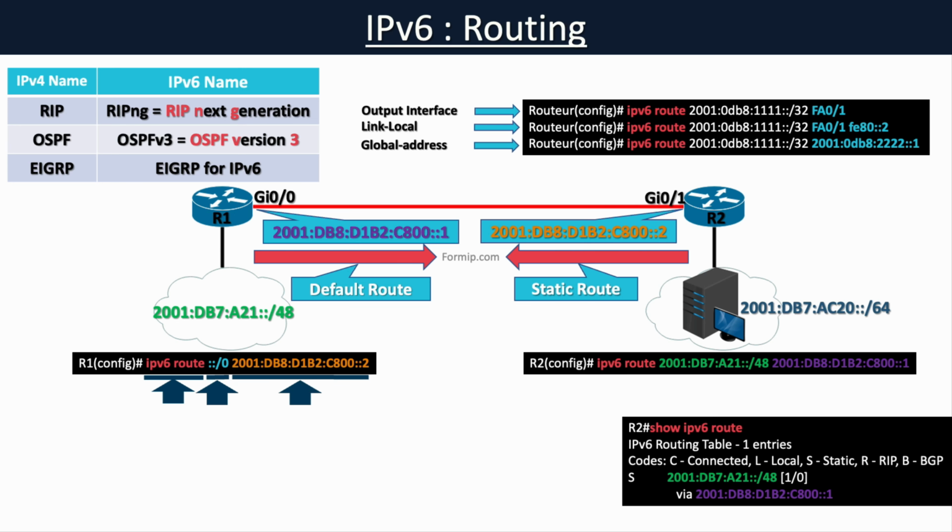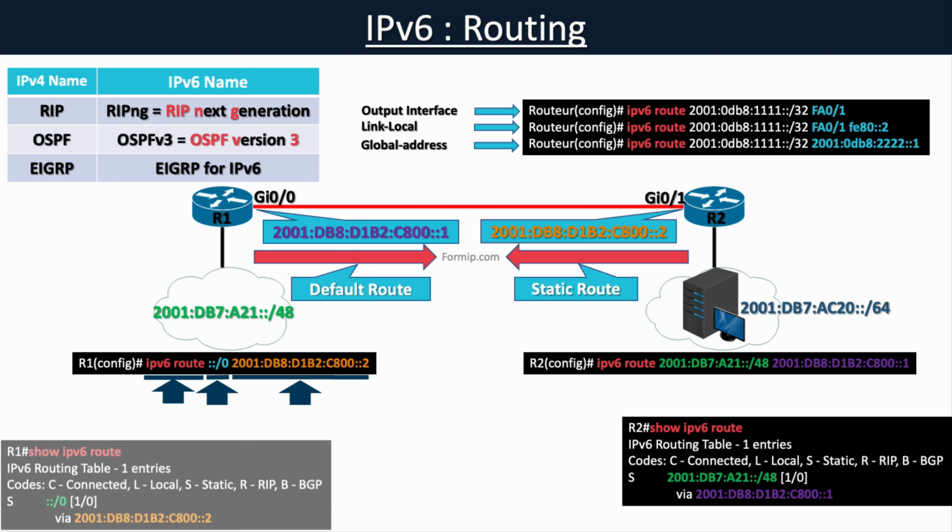The show ipv6 route command displays the IPv6 routes that are configured on the router. Here, we can see that the 2001:DB8:7A21::/48 network can be reached by the Gi0/0 interface of router 1, which carries the IP 2001:DB8:D1B2:C800::1.